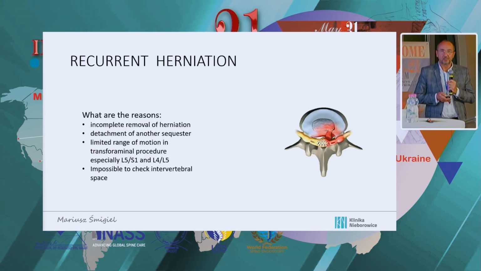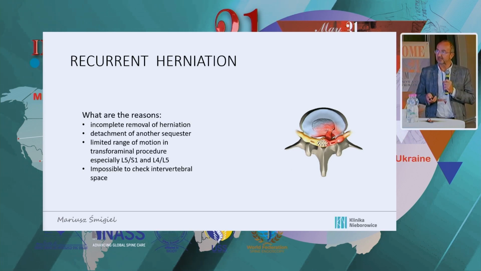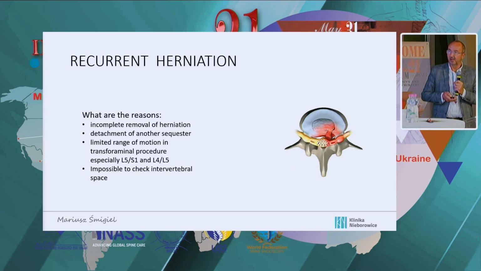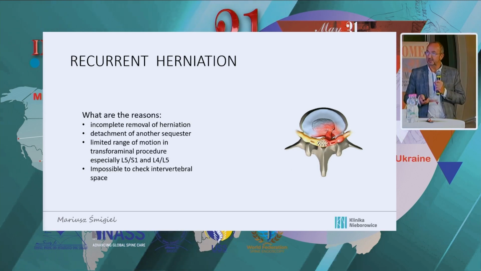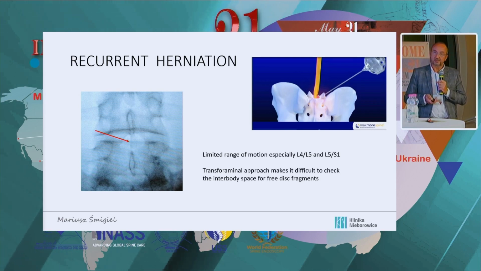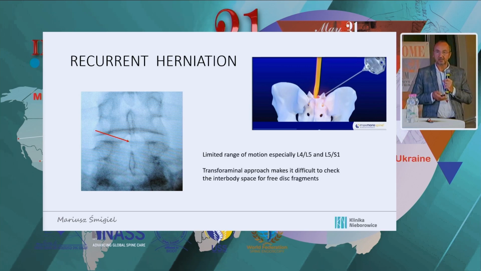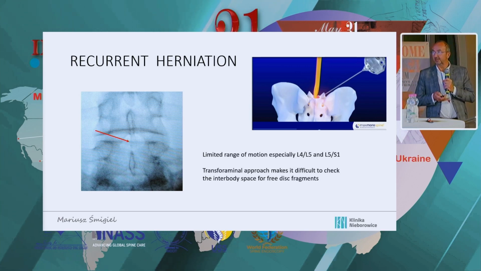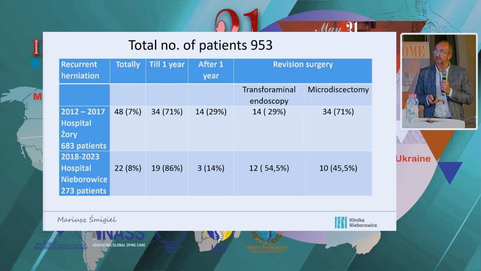The problem in the transforaminal approach is that we cannot check the intervertebral space, because we go obliquely to the spinal canal. And on L4-L5 and L5-S1, we have limited range of motion with the working sleeve.